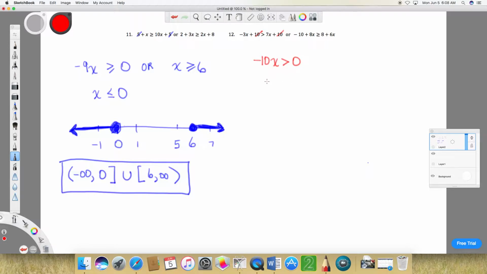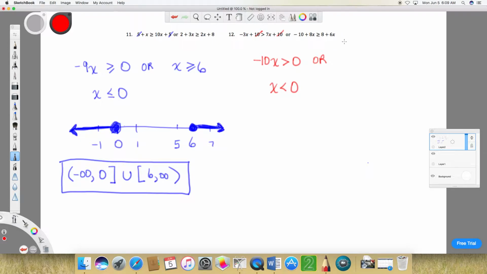If I divide both sides by negative 10, then I have that x is strictly less than 0, because I had to change the direction of the inequality when I divided by negative 10. And 0 divided by negative 10 is 0. Now the other inequality, let's collect the x's on the left-hand side.